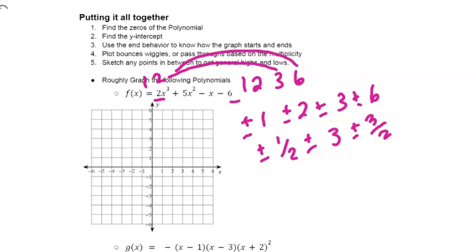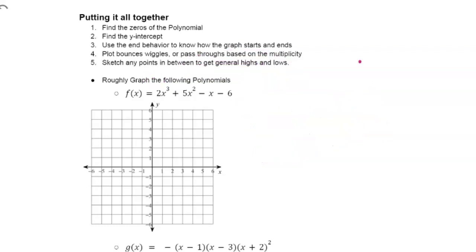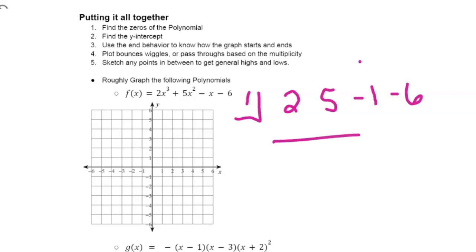And I'm going to use synthetic division to see if it comes out even. And so we go ahead and divide 1 into the 2, 5, -1, and -6. If you divide that, you've got 2. That would be 2, 7. 7 times 1 is 7. 6. 6 times 1 is 6.